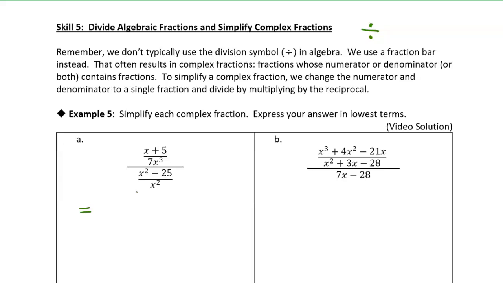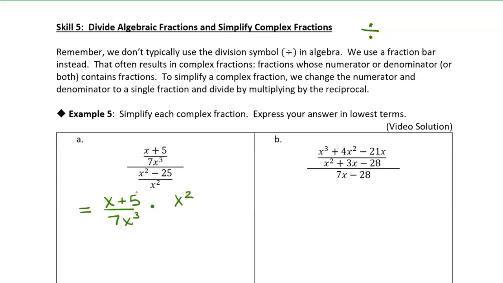You may have learned at one point, some people learn keep, switch, flip, something like that, right? So essentially, when you divide one fraction by the other, you keep the first fraction as it is, and then you switch the division to multiplication, and then you flip the other one over, right?